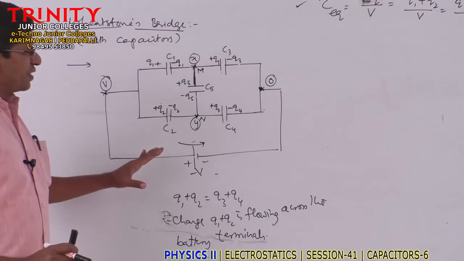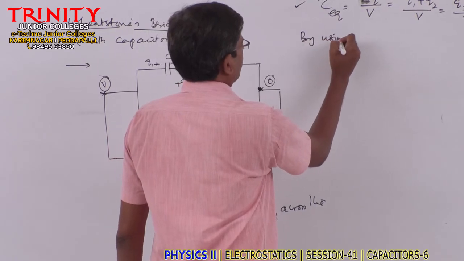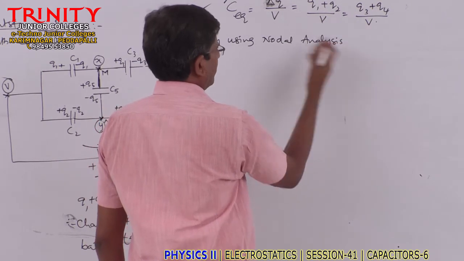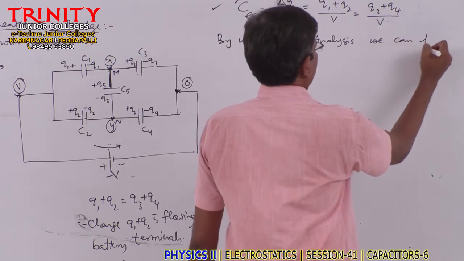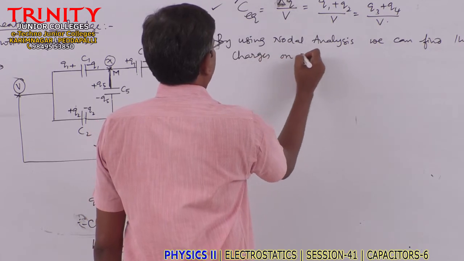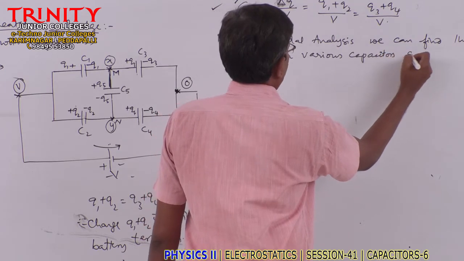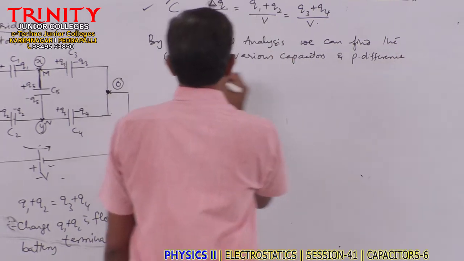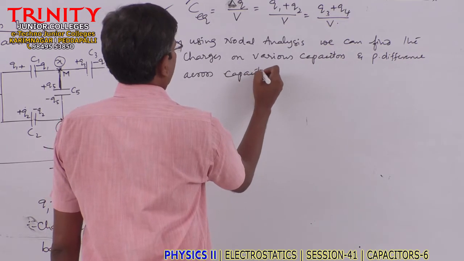How we can answer these questions is by using nodal analysis. Let me write here, by using nodal analysis. This is a very important tool in understanding these complicated circuits, right? We can find the charges on various capacitors and also the potential difference across capacitors, right?